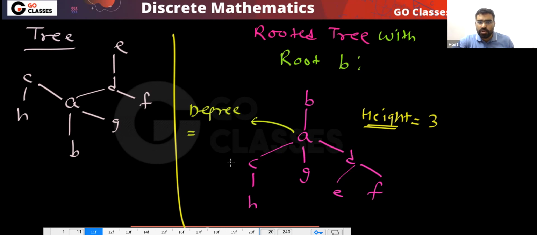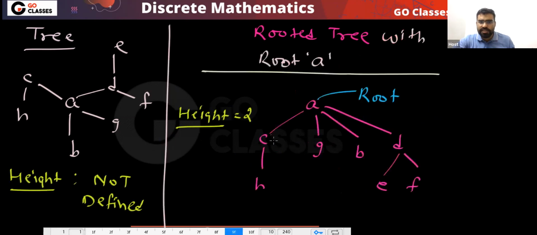I told you degree means number of children. So the degree of this node will be 3. In a rooted tree, degree means number of children. For example, here what is the degree of this node? The degree is basically the number of children, that is 4.